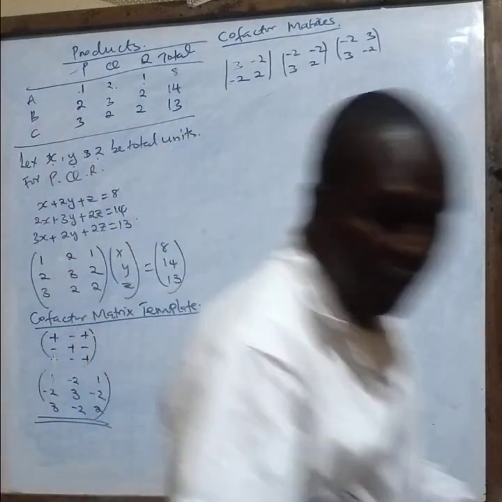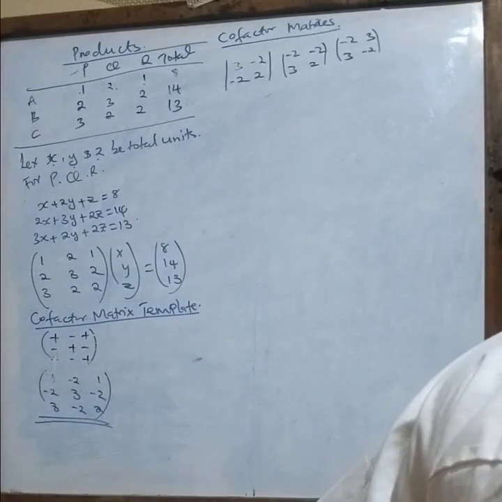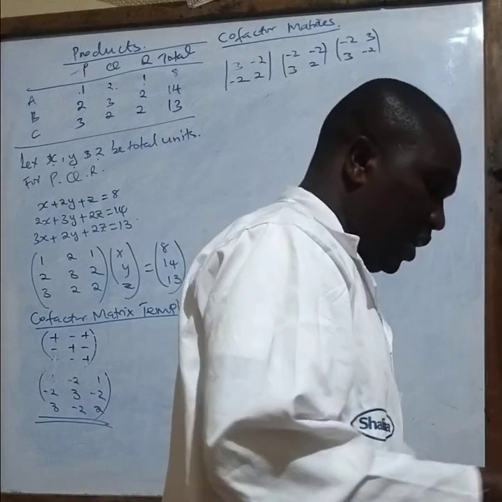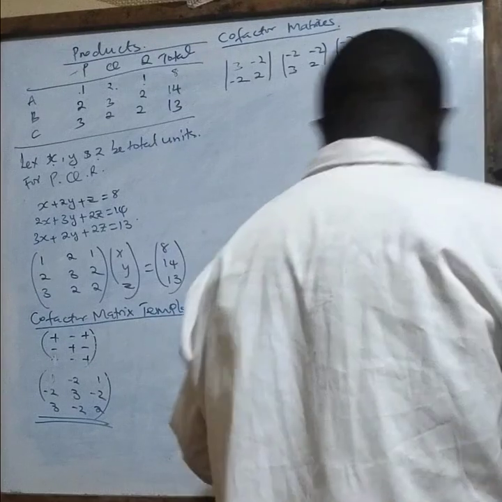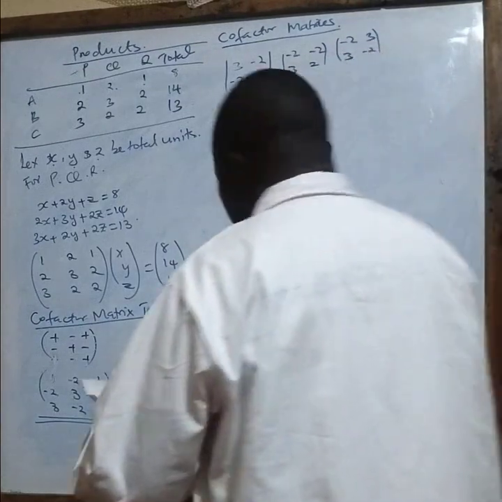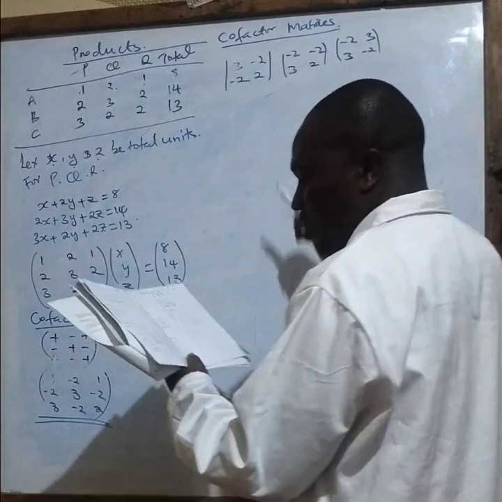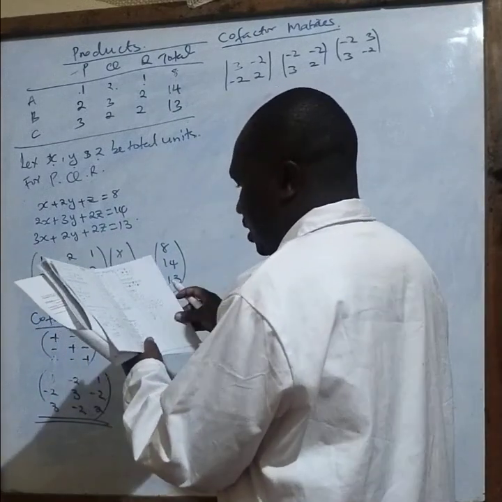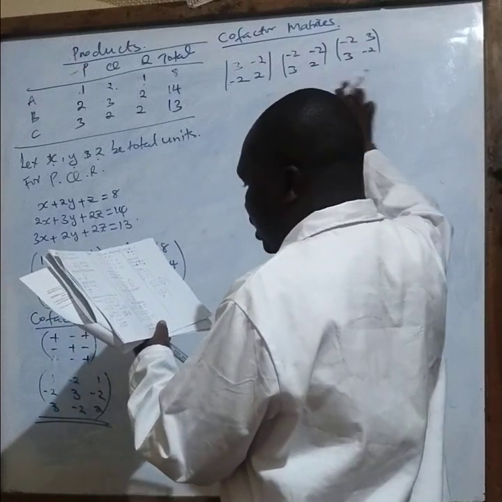So therefore, if you press your calculator very well and ensure that you have now closed what is required, this is the kind of matrix that you will obtain. So the first, you have it here.